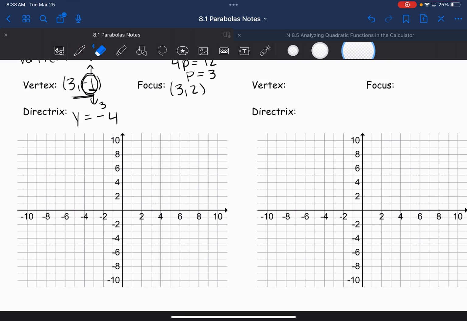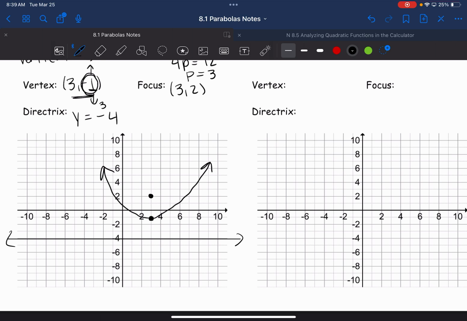So at -4, we have our horizontal line, our directrix. Our vertex is at 3, -1, and our focus is at 3, 2. And then we know our graph is going to look something like this.